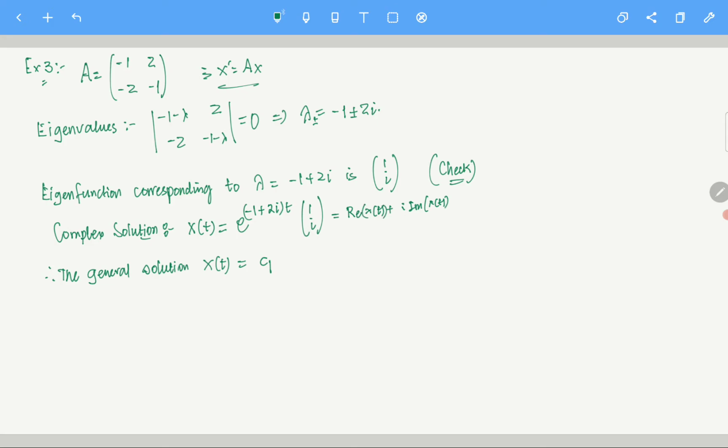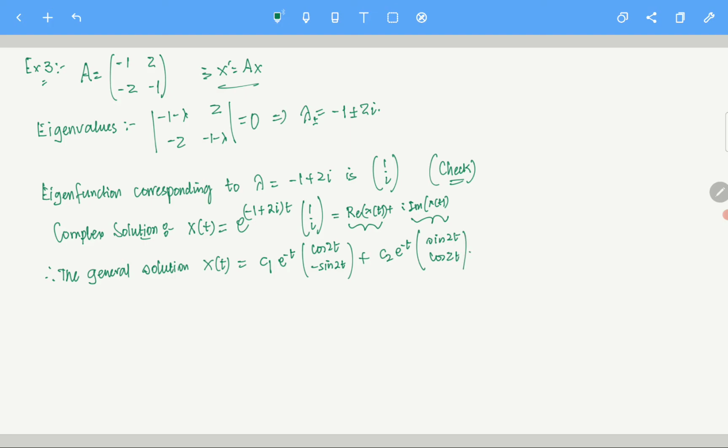We did this thing, right? If x(t) is a solution of that problem, then the real part of x(t) and imaginary part of x(t) also solve the problem. So I will just write down what the real part is: e power minus t cosine 2t minus sine 2t, plus c2 times e power minus t sine 2t and cosine 2t. I hope this is clear. Okay, very clear. So this is the general solution.